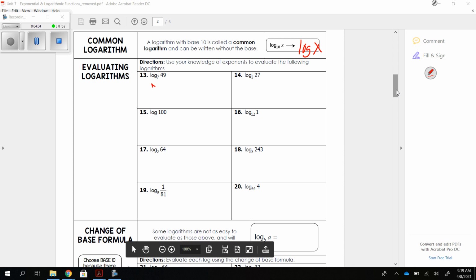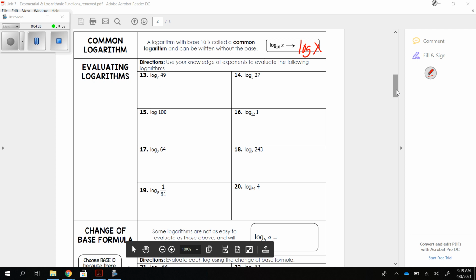So we write that as 7 to the power of x equals 49. We need to find what x is. 7 to the power of what equals 49? Obviously, x equals 2. Log 7 of 49 equals 2, because 7 squared is 49. That's all we'll do there.